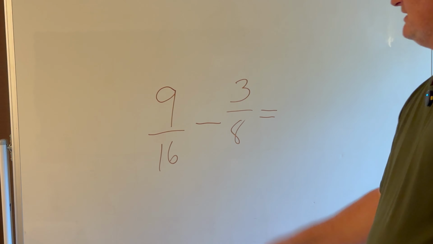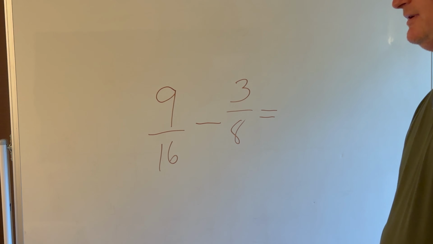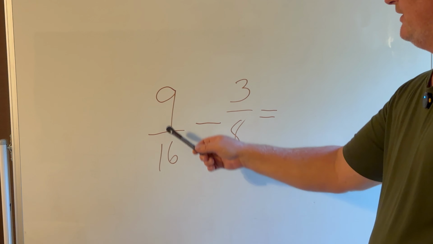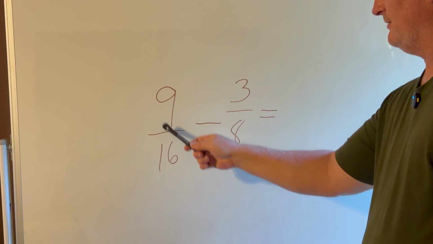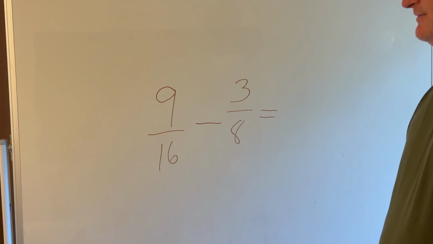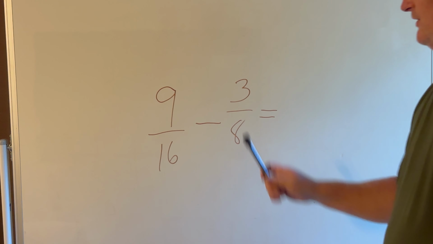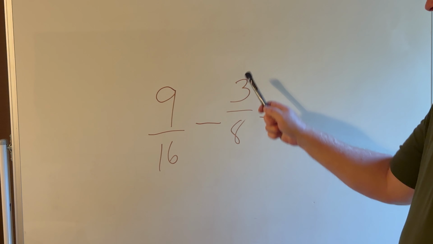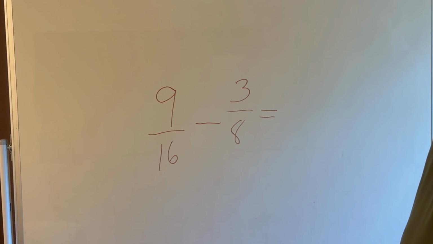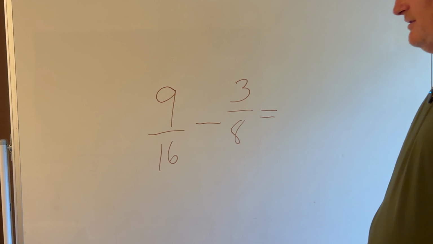We know 9/16 is larger than 3/8. How do we know? 9 is larger than half. How do we know? Because 8 is half of 16. 3/8 is smaller than half. How do we know? Because 4 is half of 8. Right? Look at your number line that you wrote down.